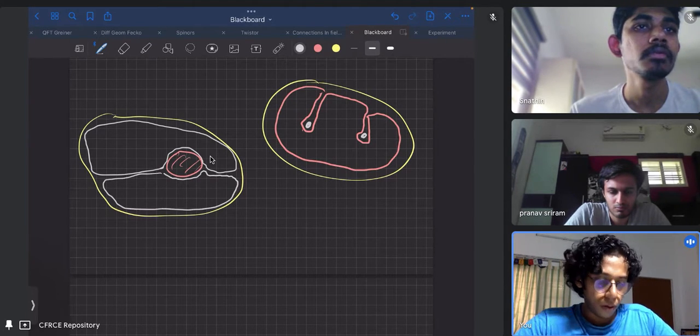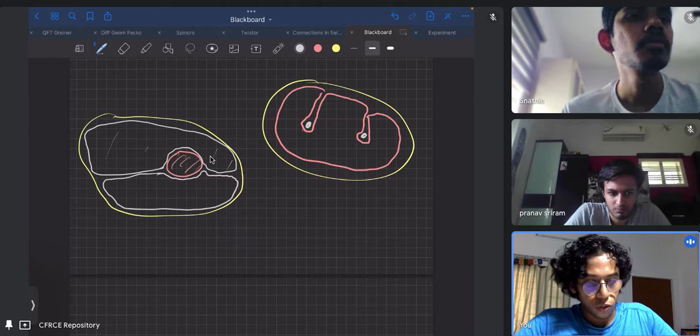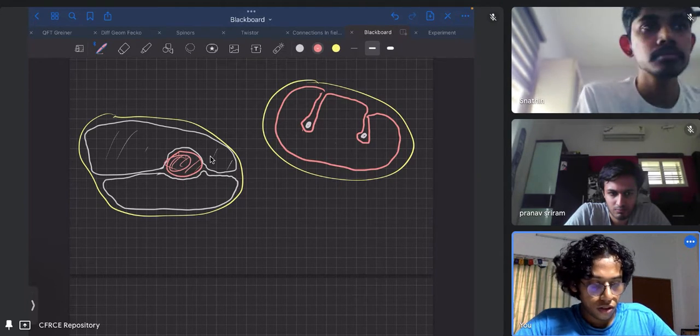Now I'm evaluating the integral between these two points. Note that this is not in the contour. Note that the non-analytic region is not in the contour.